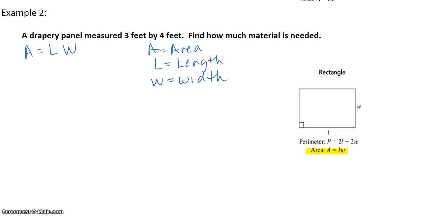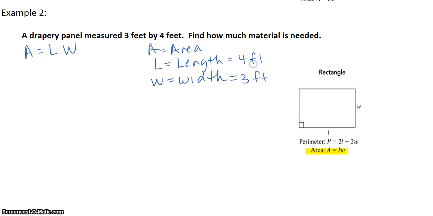Let's write down that formula. A equals L times W, where A is the area, L is the length, and W is the width. So now we know that it's measured by 3 feet by 4 feet. So we know the width is 3 and the length is 4.